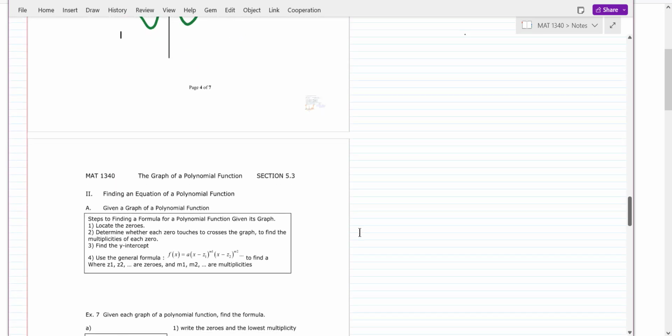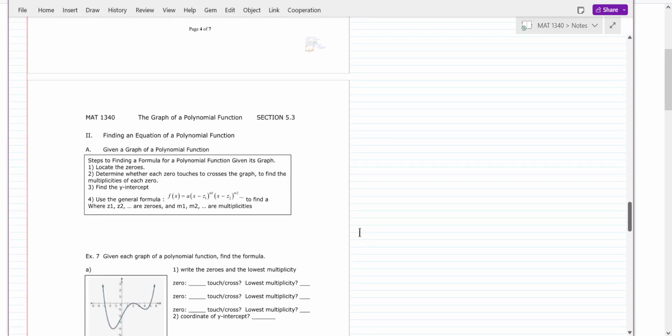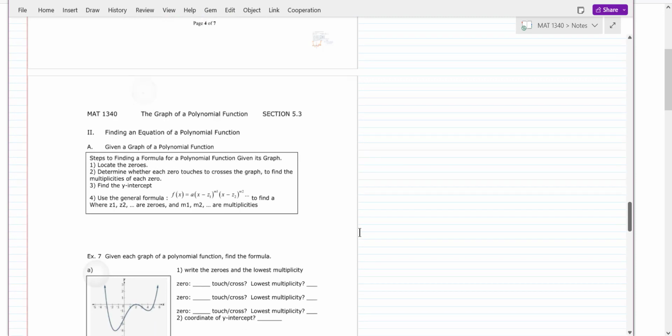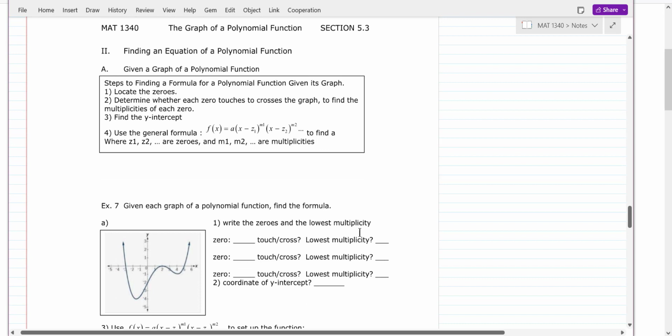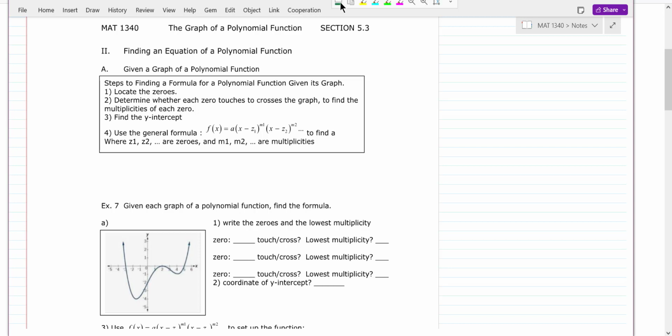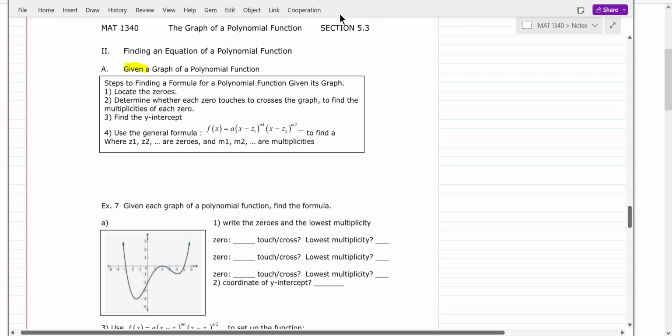All right. So now the next thing we're going to do is work with the same idea. This is more of an exercise to help you get a little bit more comfortable. You're going to be given a graph of a polynomial, and then what we're going to try to do is find an equation of that polynomial.